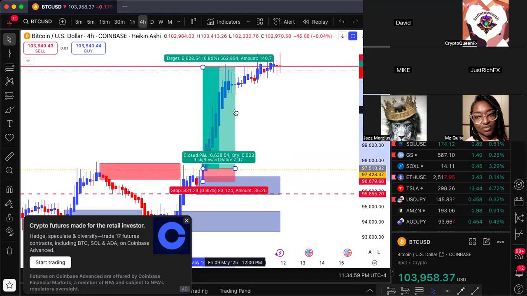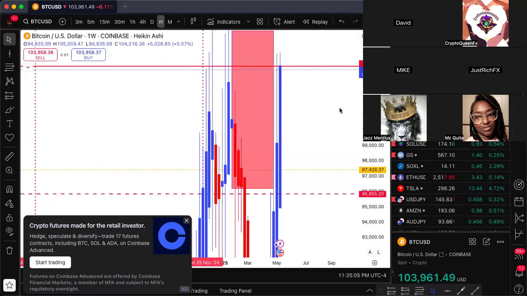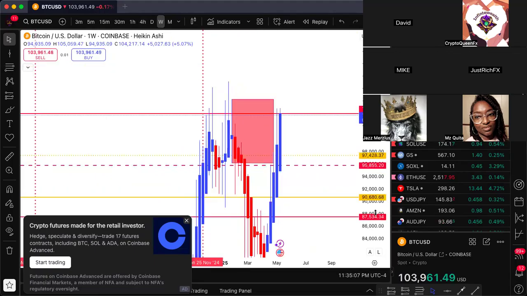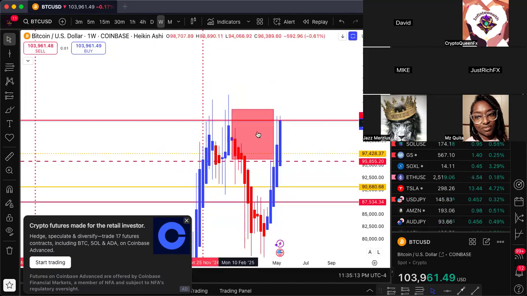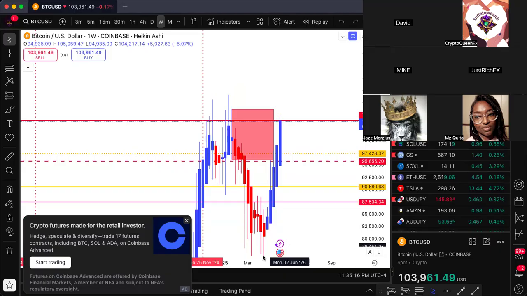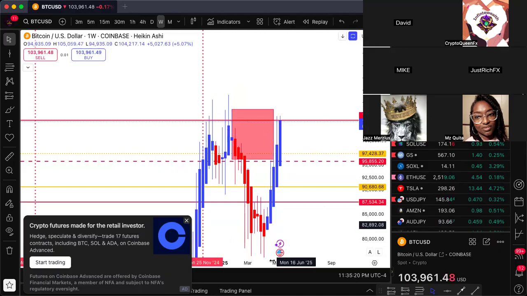Bitcoin has been consolidating. Bitcoin be choppy on the weekends. Weekly candle. Bitcoin got a weekly and a monthly high too. It's inside of a weekly sell order block right here on Bitcoin.